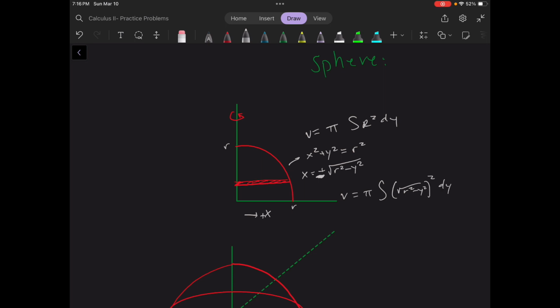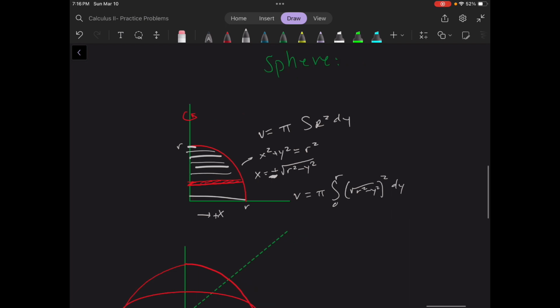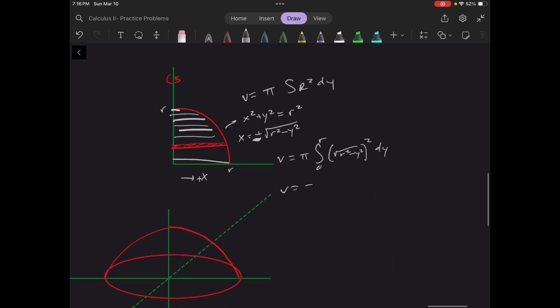Where are these slices going from and to? Well, they're starting here at 0, and they're going all the way up to r. Okay, so now we have v equals pi, 0 to r. The square and the square root cancel each other to be left with r squared minus y squared dy.